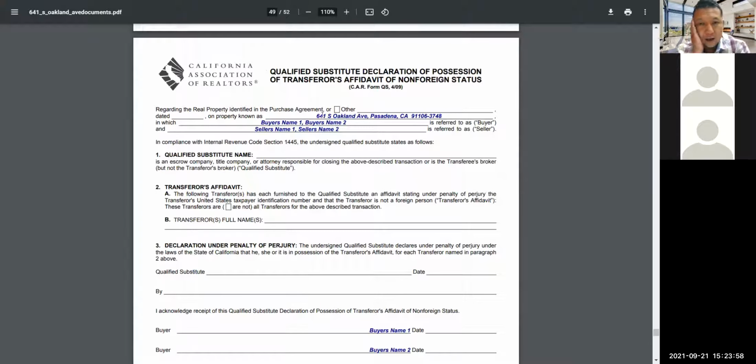In a transaction, the FIRPTA QS is used. I like this form because it does not have the FIRPTA language, which puts the seller's social security number on there. I don't want to share a seller's social security number on a document that's passed through many eyeballs, including escrow, title, buyer, seller, agents.